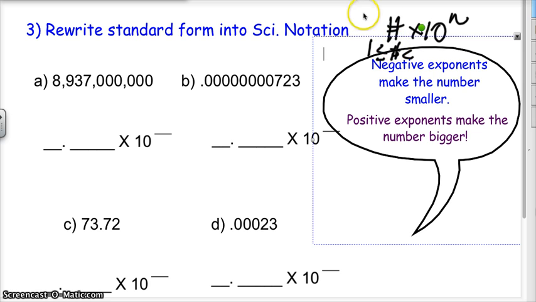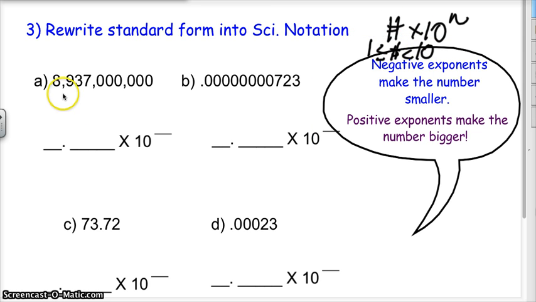So in order to make it between 1 and 10, I need the decimal place to fall between the 8 and the 9. So if I started out here where the decimal place currently is, it's 1, 2, 3, 4, 5, 6, 7, 8, 9 places. So 8.937 times 10 to the 9th.